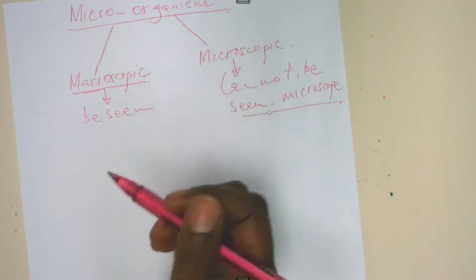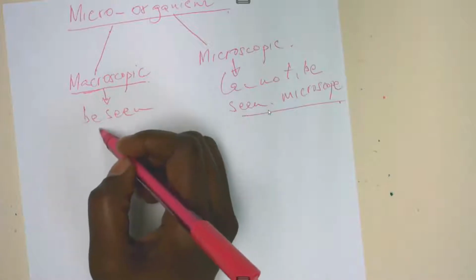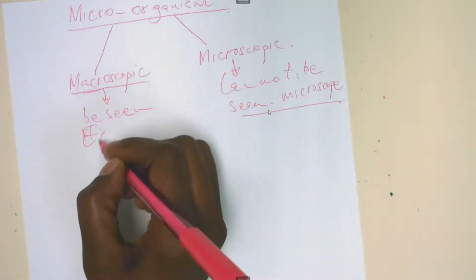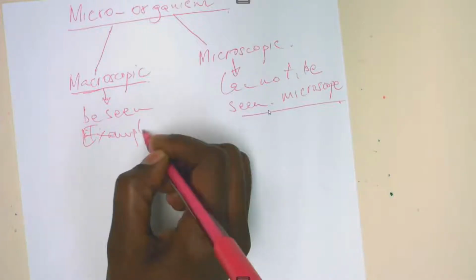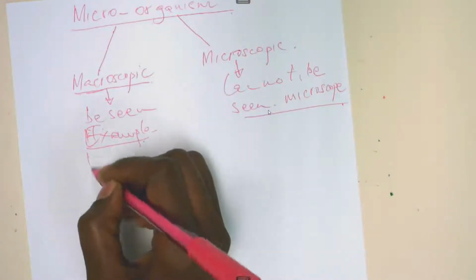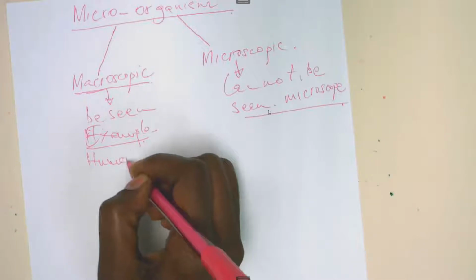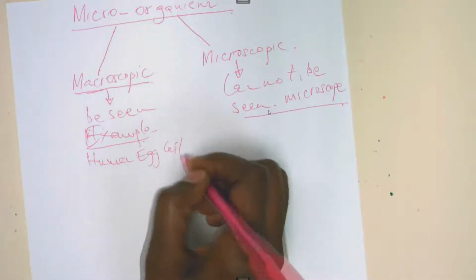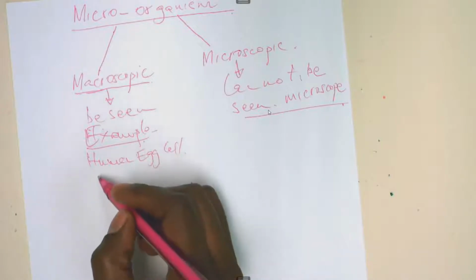And then let me give you an example of macroscopic. Here we have the human egg cell.